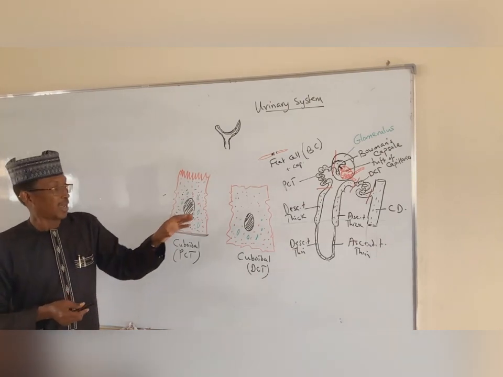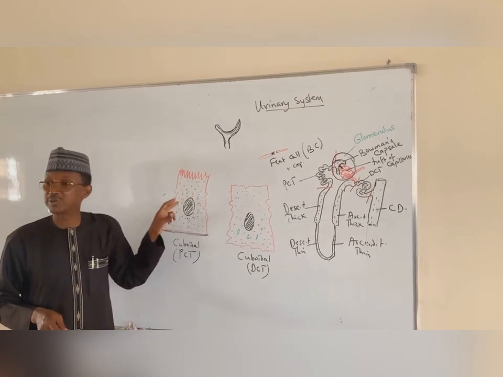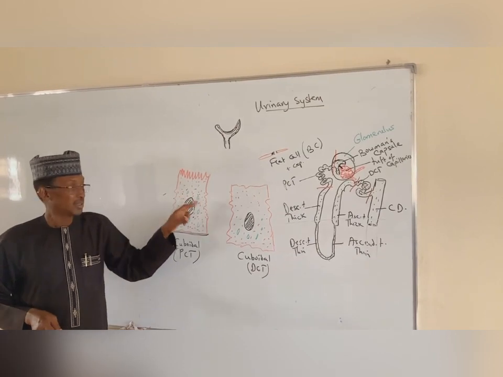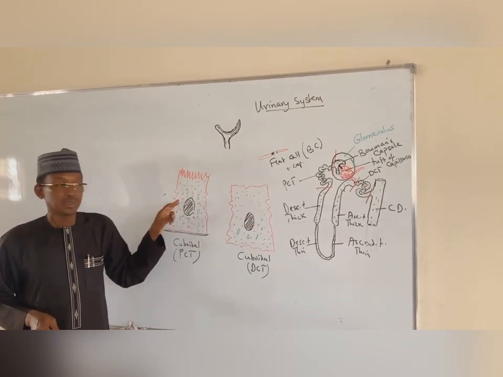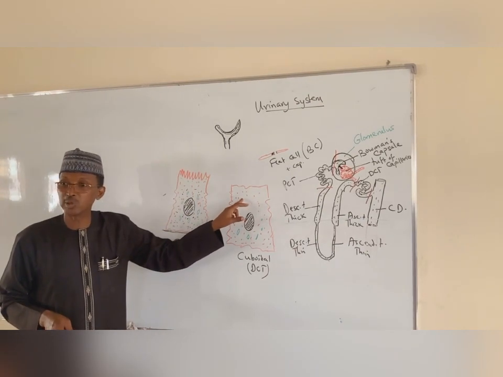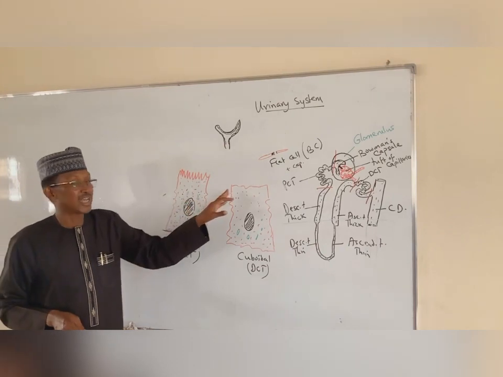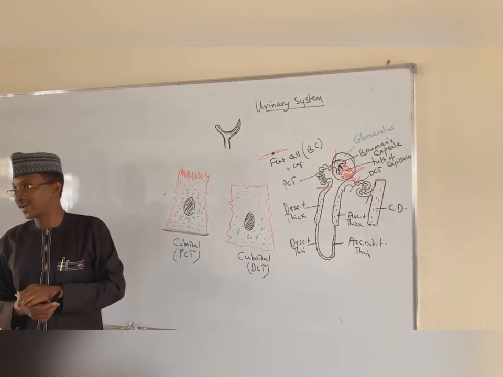Good. I said it has a centrally located nucleus similar to this. It is also cuboidal like this. It has fewer microvilli as compared to this. It looks less eosinophilic as compared to this. It has few or no microvilli in its apex.